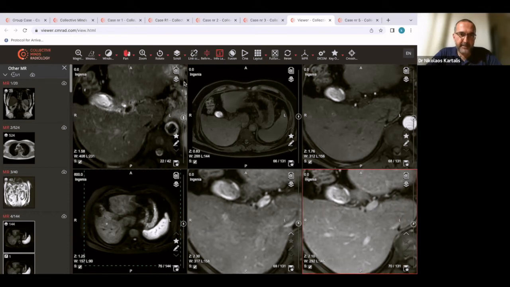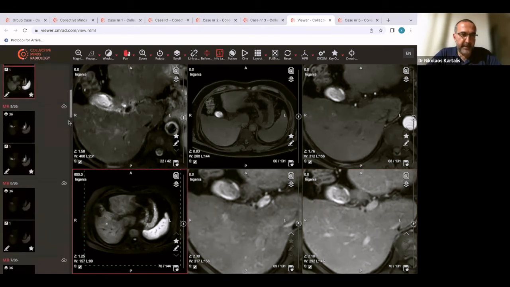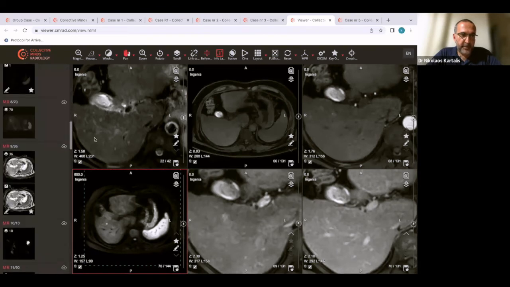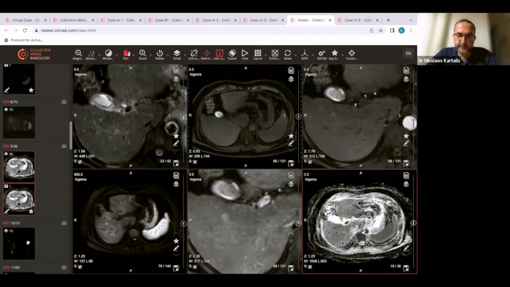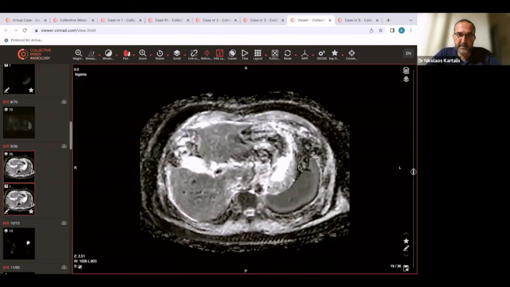Is it metastasis? Is this an intrahepatic cholangiocarcinoma, or is this an HCC? And since I have to be consistent with what I have been telling you, I have to show you even the ADC. So this is the ADC.